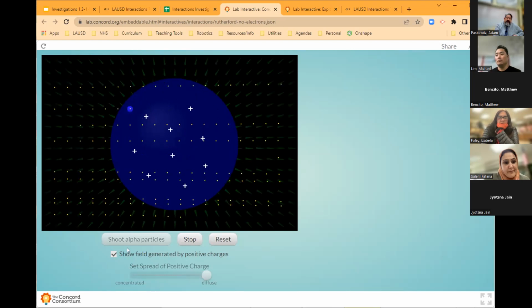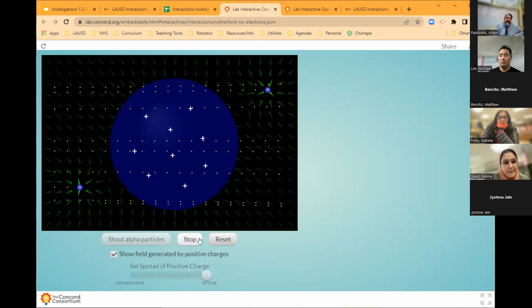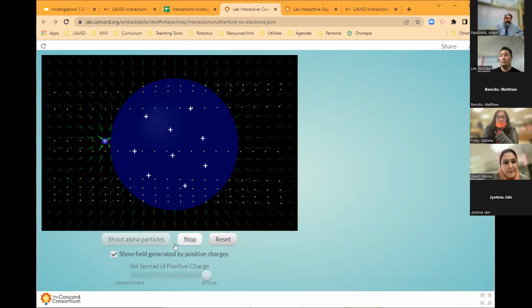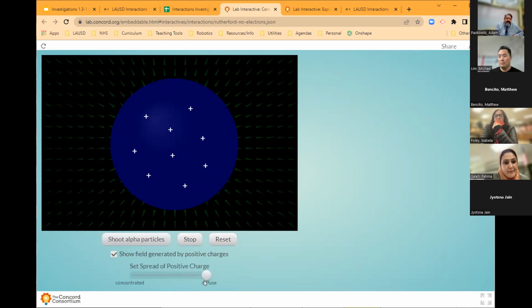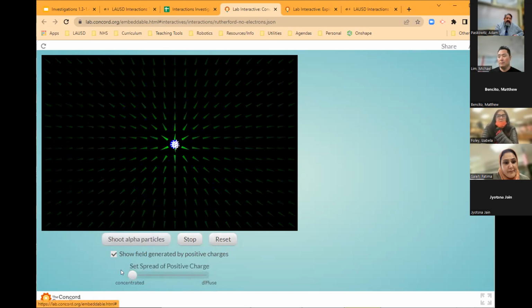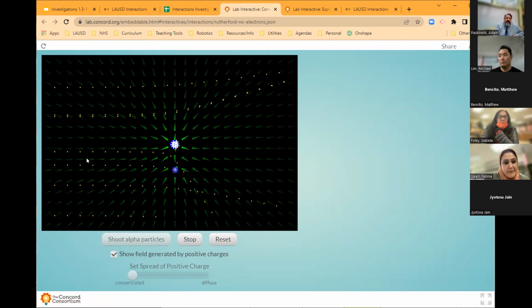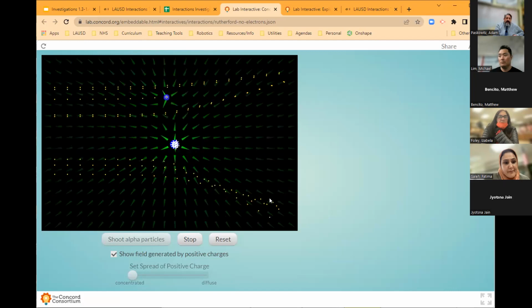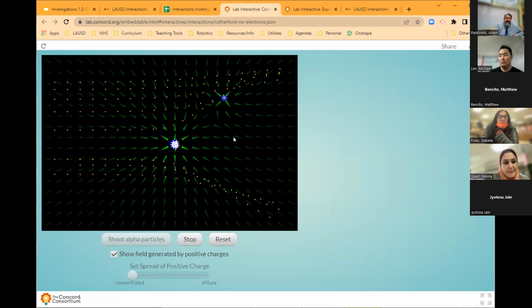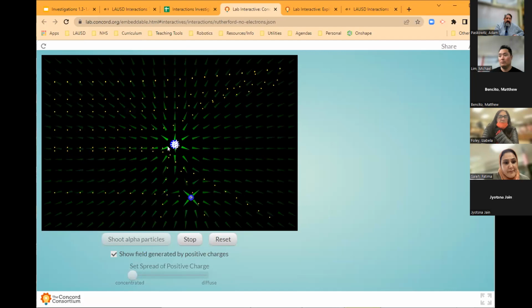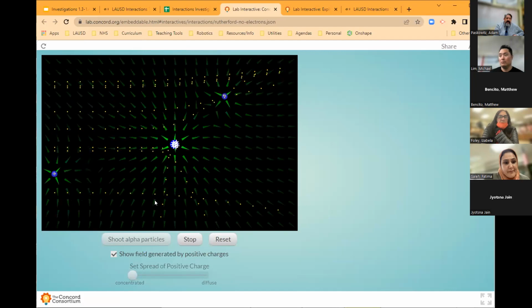But what Ernest Rutherford found is, when he shot alpha particles at the gold foil, most of them went through, but some of them were deflected sideways, and every once in a while, one would be bounced way off.